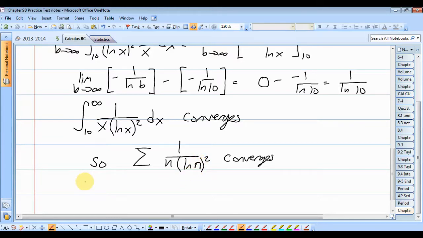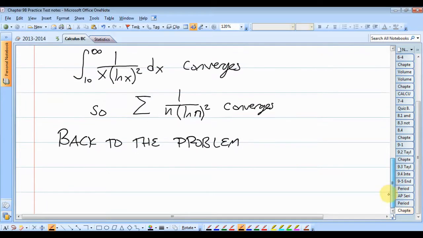Now that we have that result, back to the problem. This is all supporting work so you can do the problem. This is the problem before the problem, or the problem behind the problem.